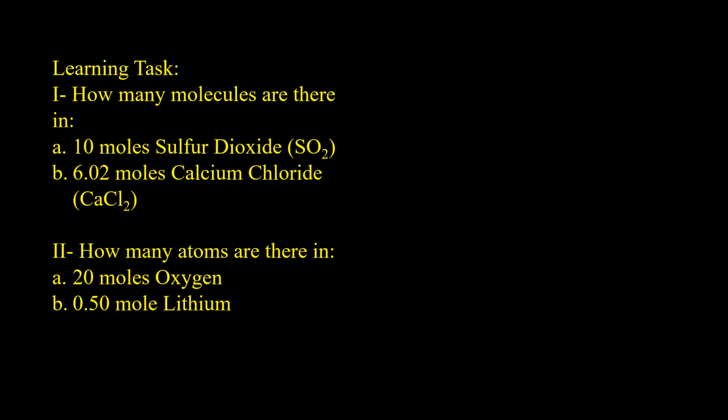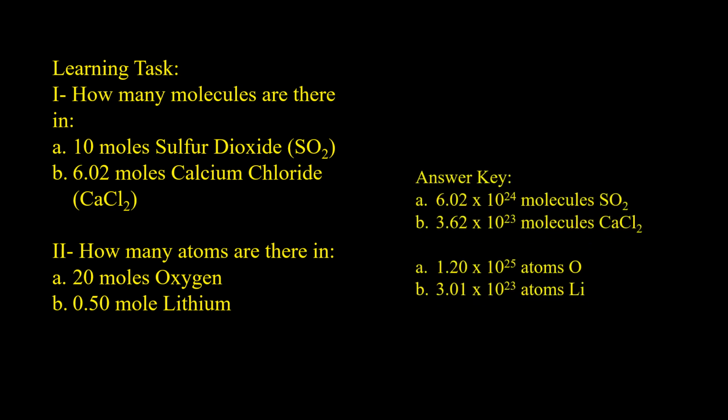Now, let's see if your answers are correct. For learning task 1, how many molecules are there in 10 moles of sulfur dioxide? We have 6.02 times 10 raised to 24 molecules of sulfur dioxide. And for 6.02 moles of calcium chloride, we have 3.62 times 10 raised to 24 molecules of calcium chloride.